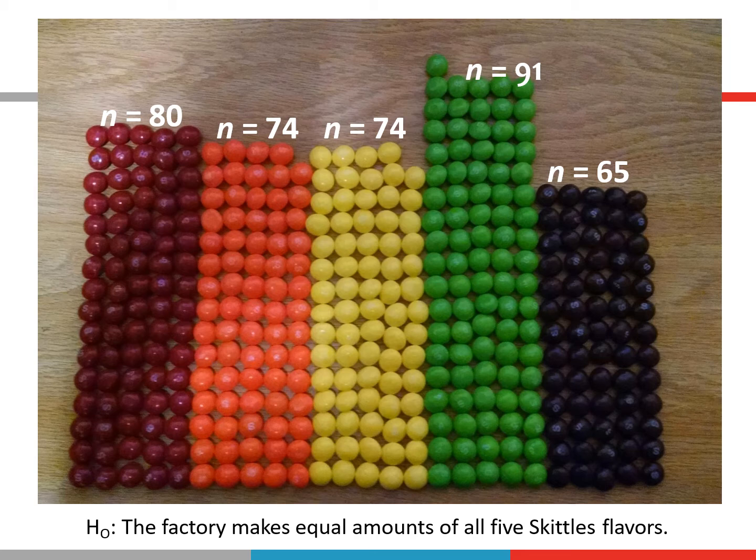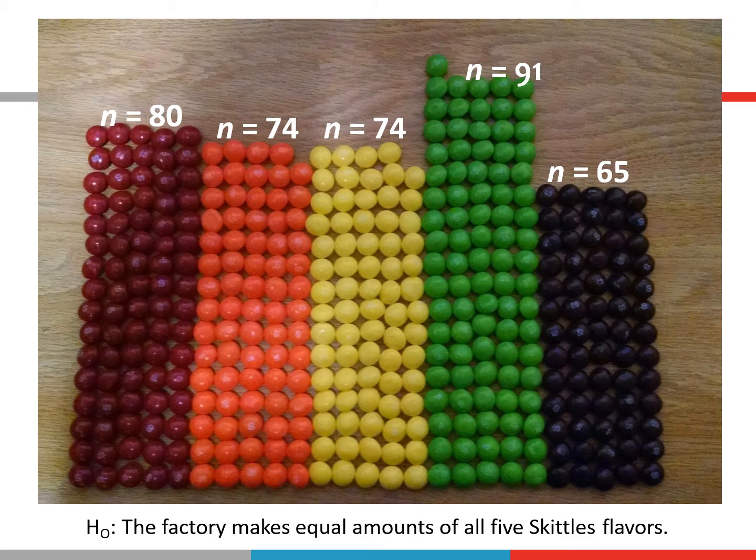So if it were the case that we had an equal number of each flavor represented in our bag, we would expect to get approximately 76.8 of each flavor, right? So we know that's not the case. We know our observed values are different from those we expect. But are they different enough?